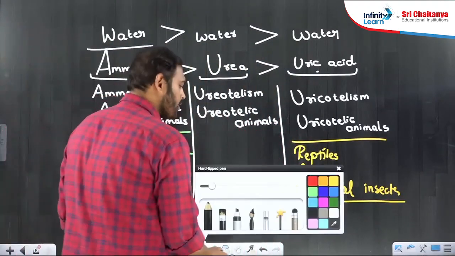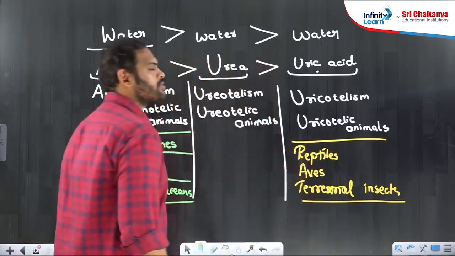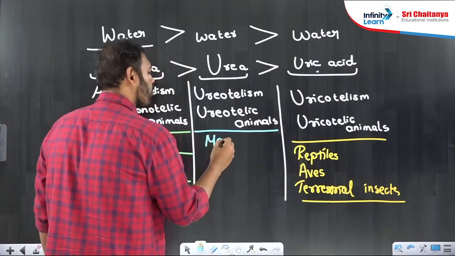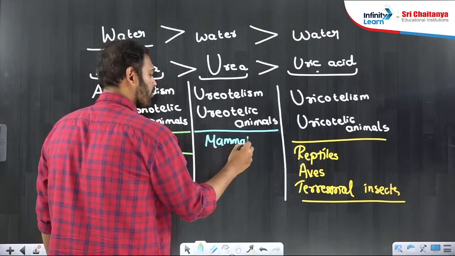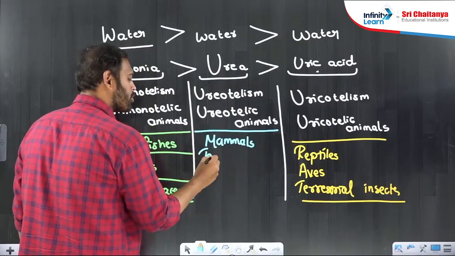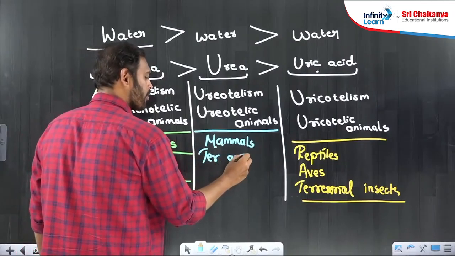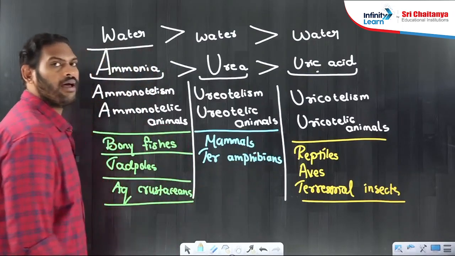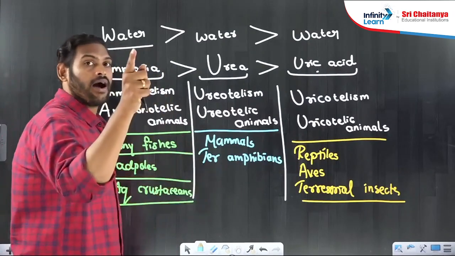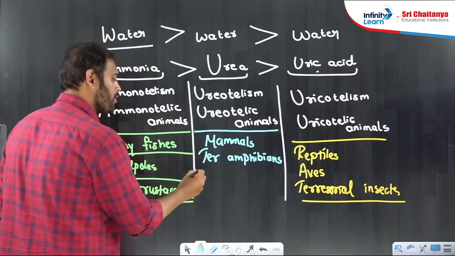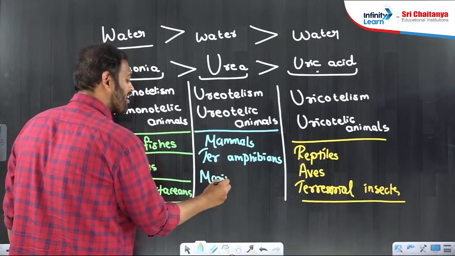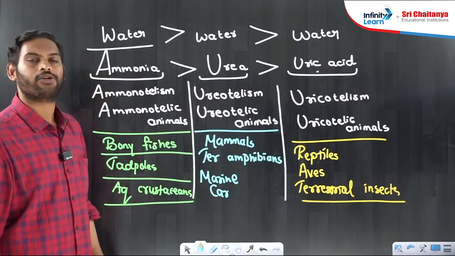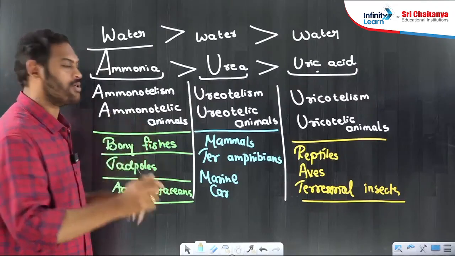Can you give me some examples of animals which excrete urea? Yes, ourselves, mammals, almost all mammals, and terrestrial amphibians, frog when it is on land, salamander when it is on land, as well as marine cartilaginous fishes like sharks. Guys, marine cartilaginous fishes should be the answer. Just don't simply memorize marine fishes. No, marine cartilaginous fishes.